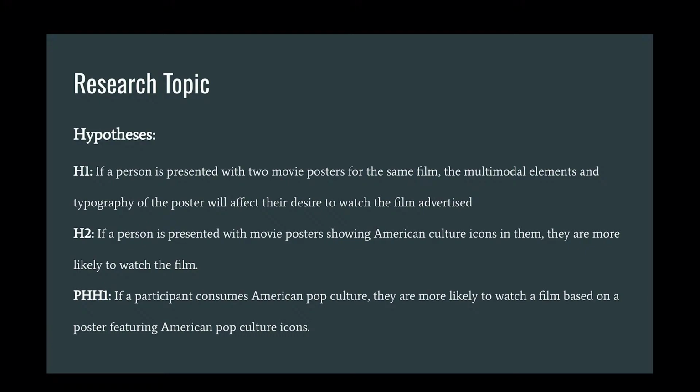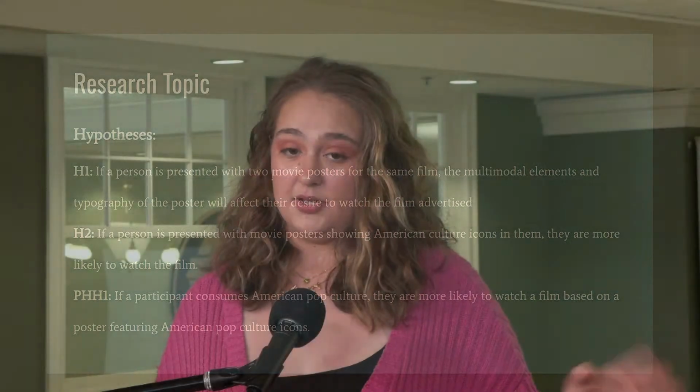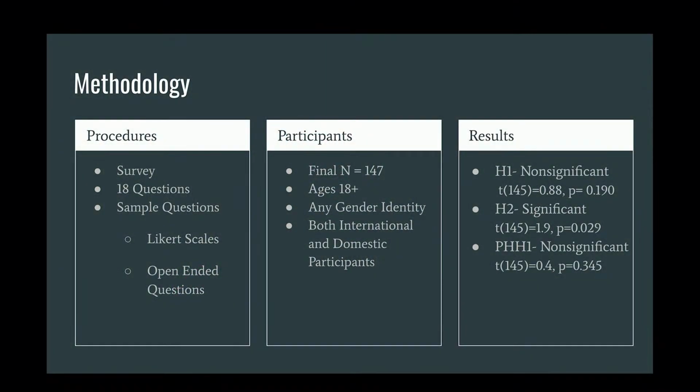Our first hypothesis used 2 movie posters from the movie It Chapter 2 with different combinations of multimodal elements. Our second hypothesis used a Bad Boys poster featuring Will Smith and Martin Lawrence. We had a survey with 18 questions, Likert scales, and open-ended questions. Our open-ended questions were used as a qualitative form of measurement, as we asked why they thought that way and why they would decide their likelihood of watching the film.